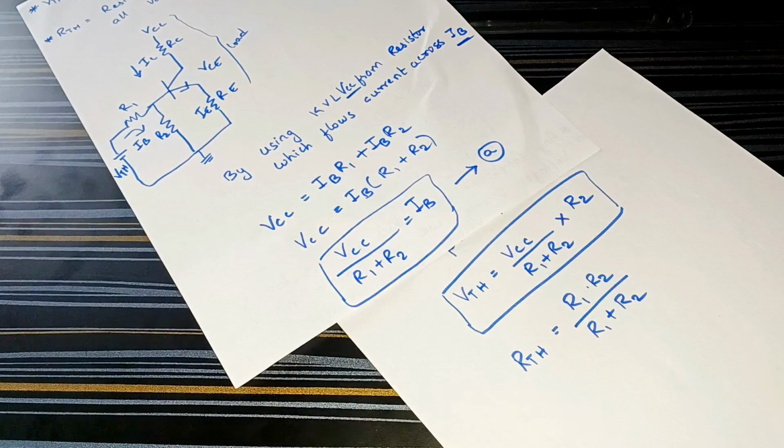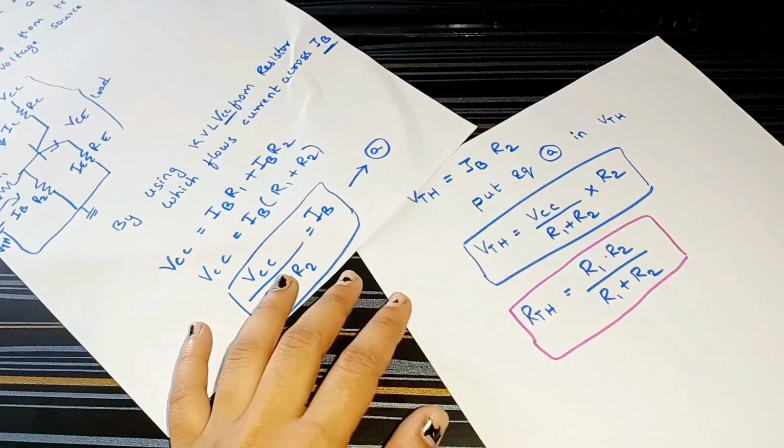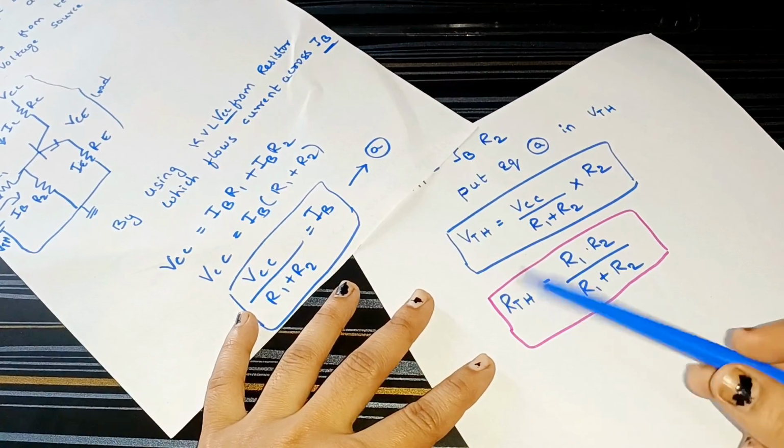And RTH is the combination R1 into R2 divided by R1 plus R2. So now we have the values of RTH and VTH.